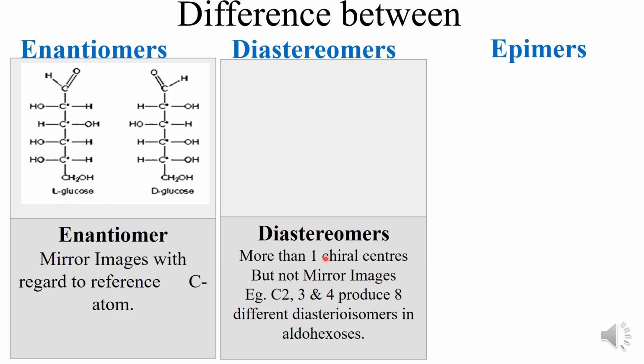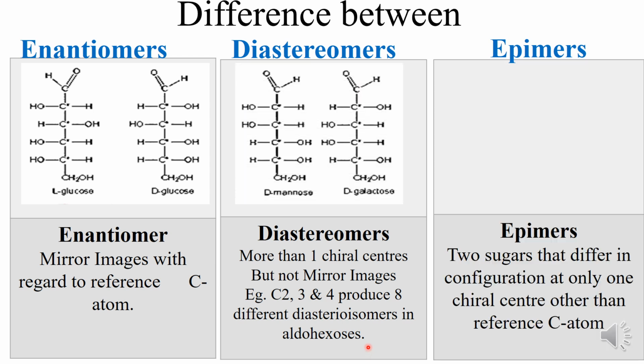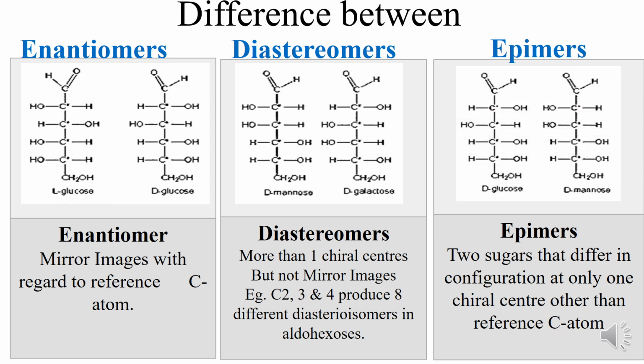Diastereoisomers have more than one chiral centers, but they do not form mirror images, and example here is given of hexoses in which there are 4 different chiral centers, so there are 8 different diastereoisomers seen in aldohexoses. Epimers are two sugars that differ in configuration only at one chiral center other than the reference carbon atom. Glucose, galactose, or glucose and mannose are epimers of each other.